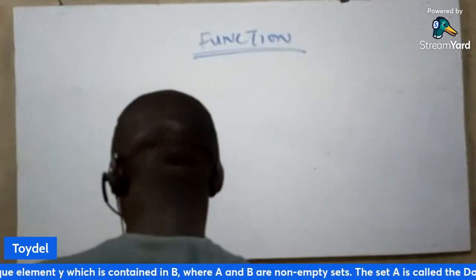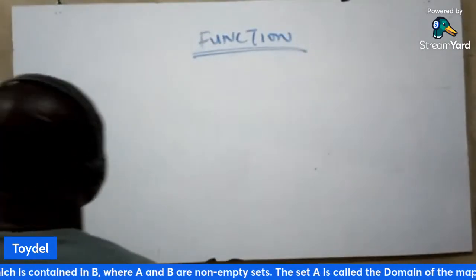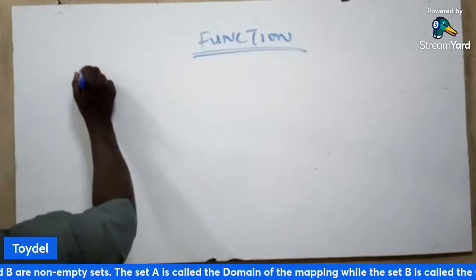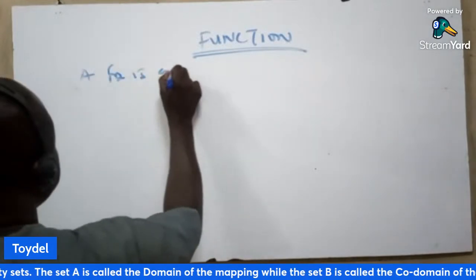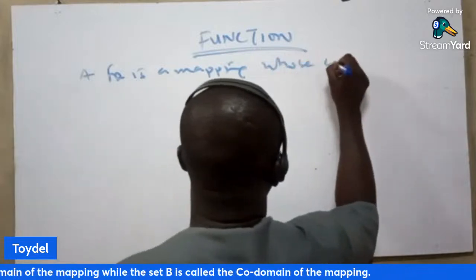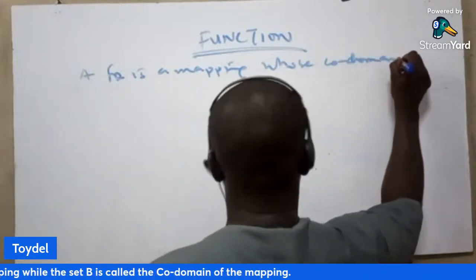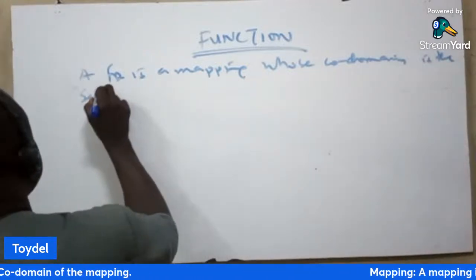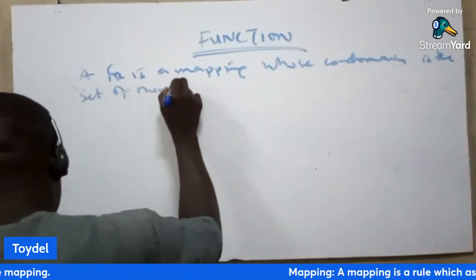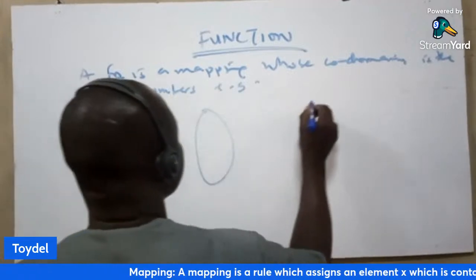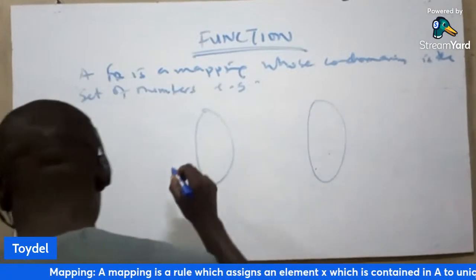A function is a mapping whose codomain is a set of numbers. So a function is also a mapping.